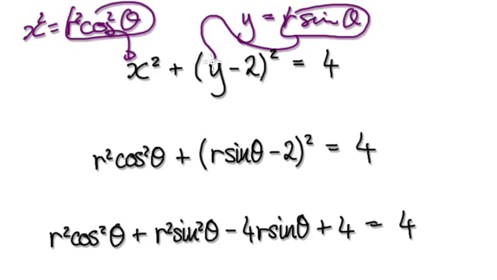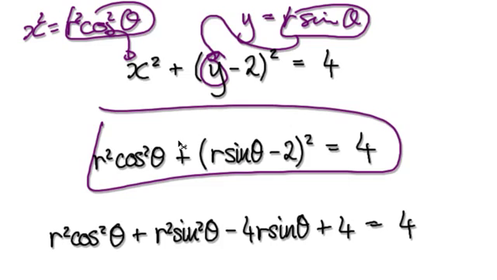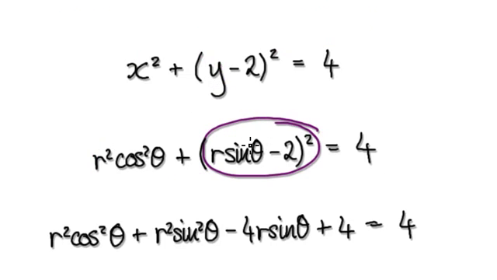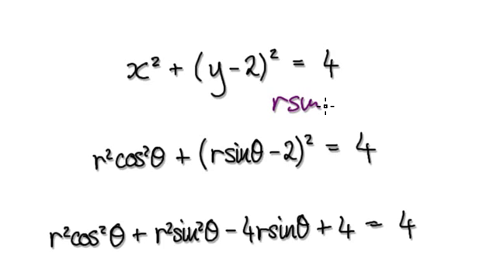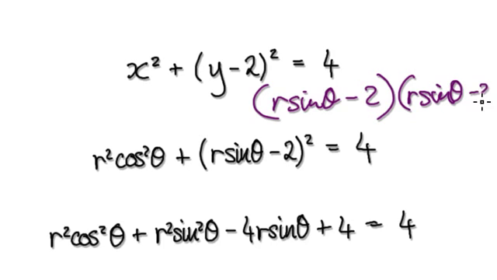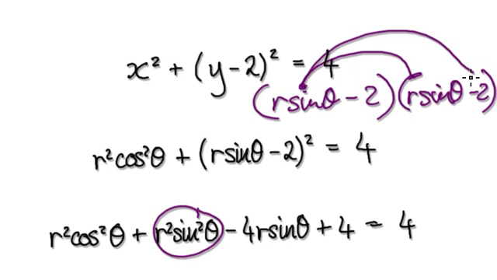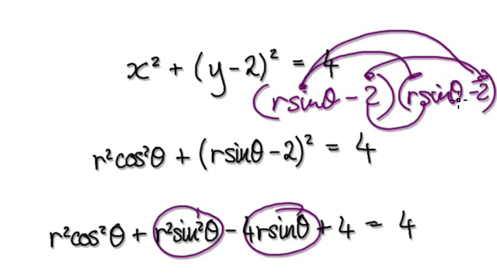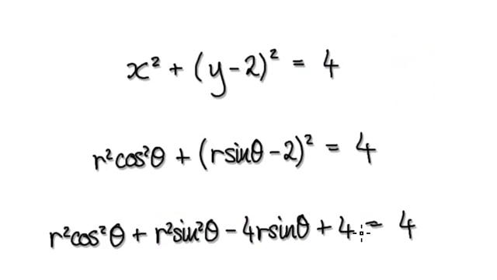So if you put this into here, that will then take you to here. Multiply this out. When you multiply this out, r sine theta minus 2, multiplied by itself, would then be this. So now this times this will give you this times this, and then you've got another one, it will give you negative something, and then this times this, that will give you 4.